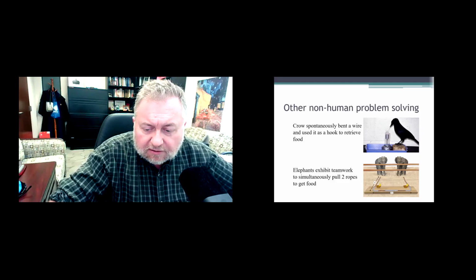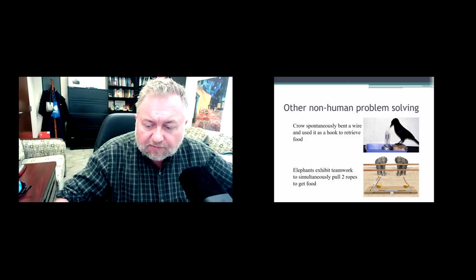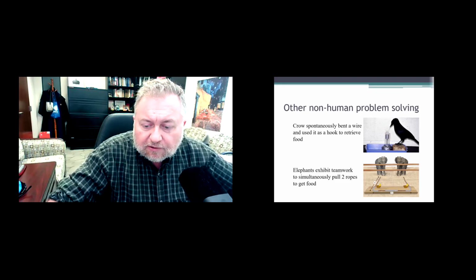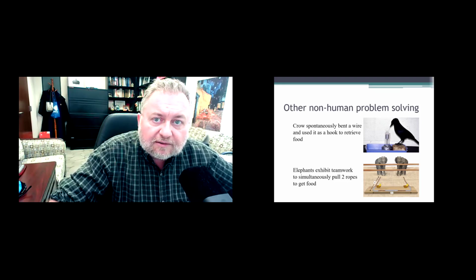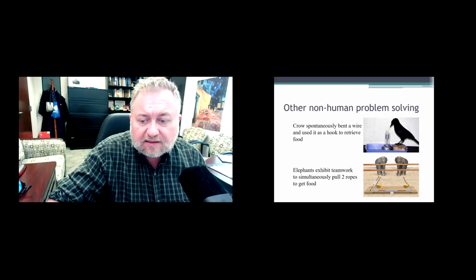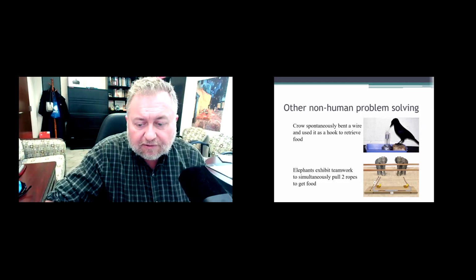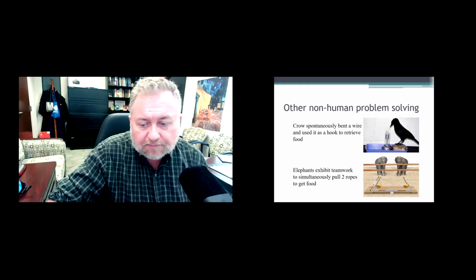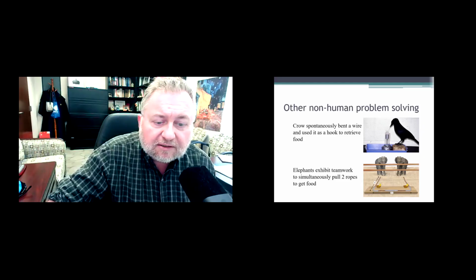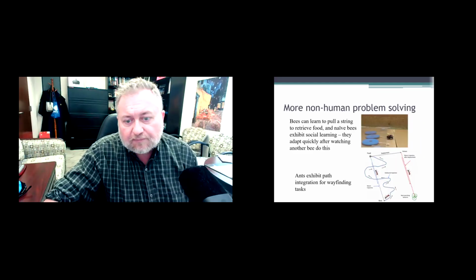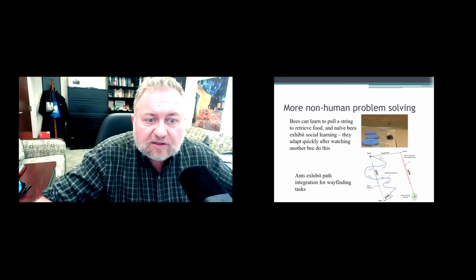But the challenge here is that if only one elephant pulls the rope, then that rope will slip through these tubes that are mounted to that tray. So you have to have both elephants pulling at the same time. And again, we see that they spontaneously figure this out. Now they're showing problem solving that involves teamwork here. Both elephants have to make this realization. Productive thinking in groups.